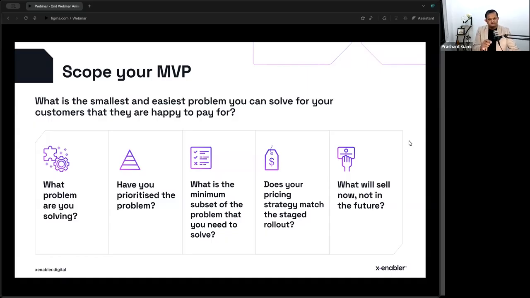And does your pricing strategy match your staged rollout? So given that you're going to build a subset of your product, you might not want to charge the full rate. You might want to charge for what you are building and selling in the first version. The price may change when you do the second version, third version, and subsequent.